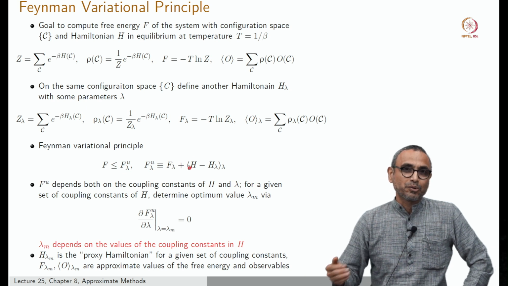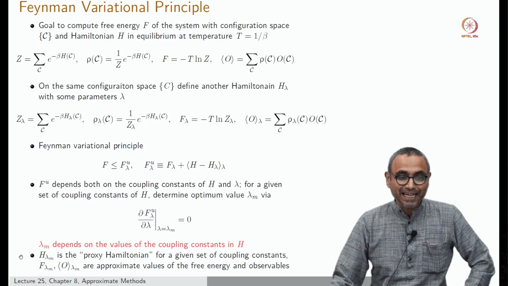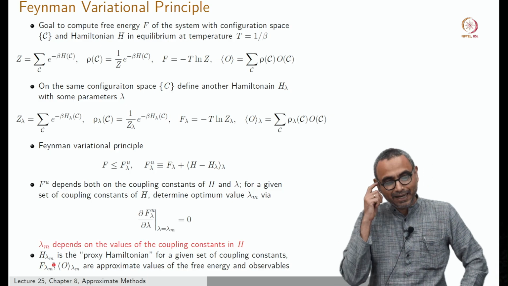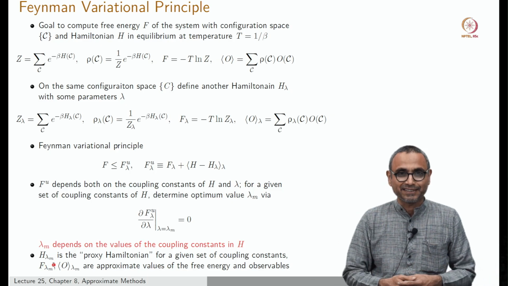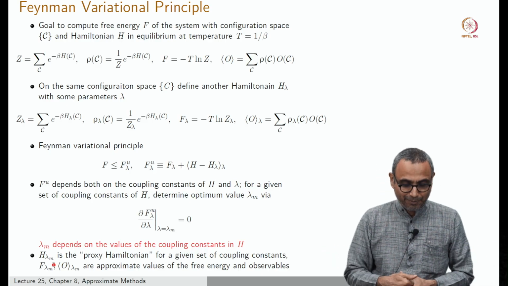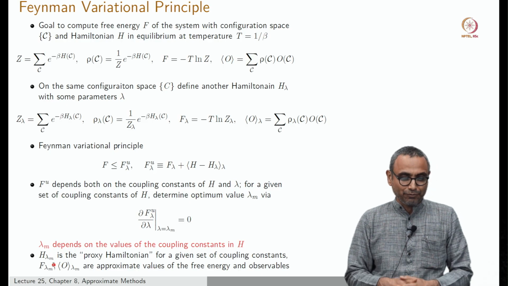I will be able to find a set of lambda m's, and once I get lambda m's, I will use the Hamiltonian associated with that lambda m as the proxy Hamiltonian of my system, and from there I can compute free energy, I can compute any observable and so on. So this is the strategy of the Feynman variational principle.